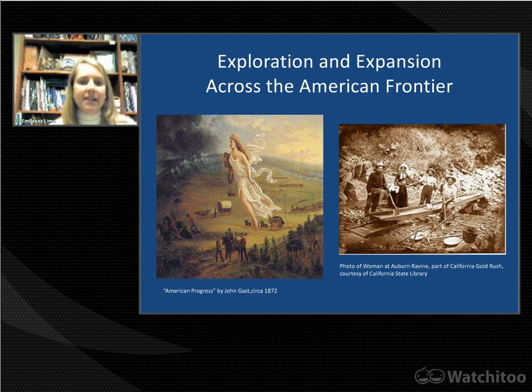You can see on the slide a painting by John Gast that was done in about 1872, called American Progress. If you look closely, it shows a representation of the modernization of the New West. The woman depicted in the slide is described as a personification of the United States, and in her hands, she's pulling along the lines of a telegraph.